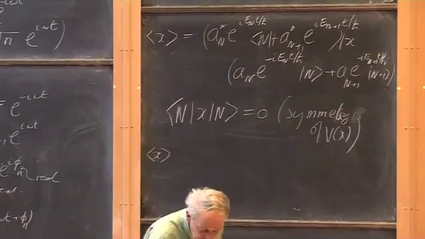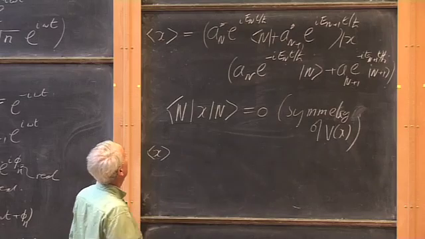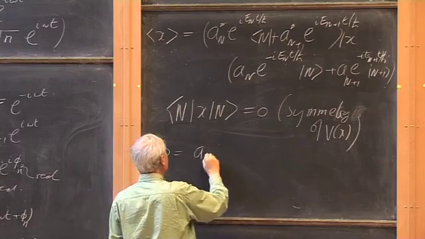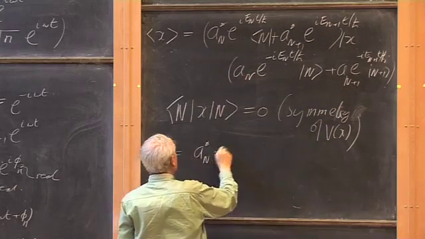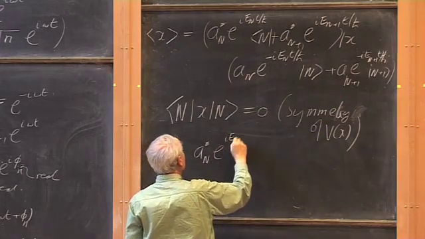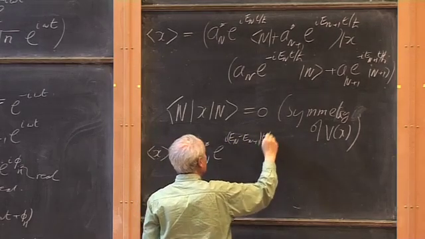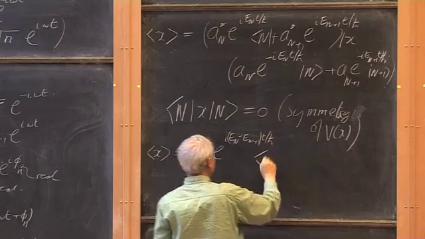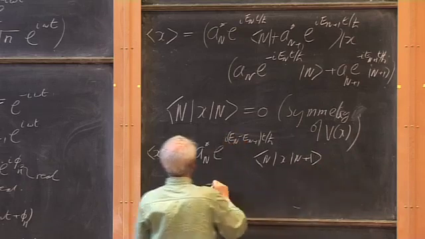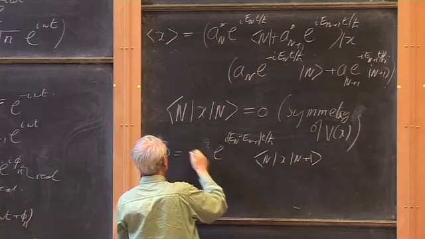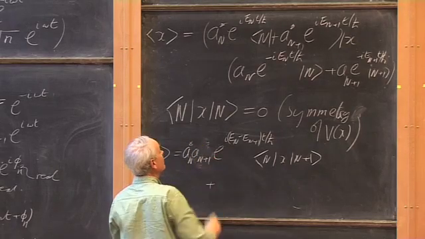quite generally, my expectation value here is going to be a_n star. So it's going to be this on this, e to the i (E_n minus E_(n+1)) t on h bar times the matrix element x_(n,n+1), plus, excuse me, I'm needing here some a_n star a_(n+1), right?